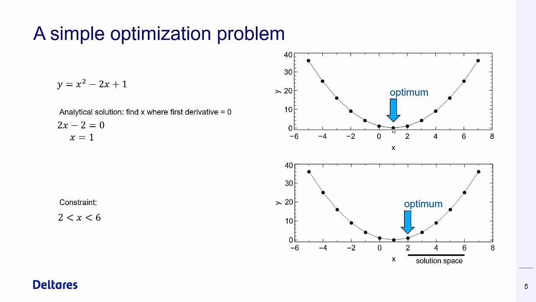And when we add a constraint, like in this example, x should be between 2 and 6, then we constrain the solution space between 2 and 6, illustrated here with this bar, and then the minimum value is here, because x equals 1 is no longer feasible. So then we only look at this area from here to there, and then we have to find the minimum in this range.